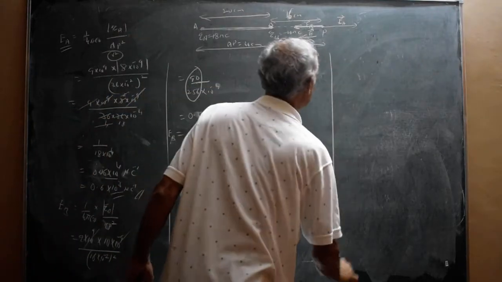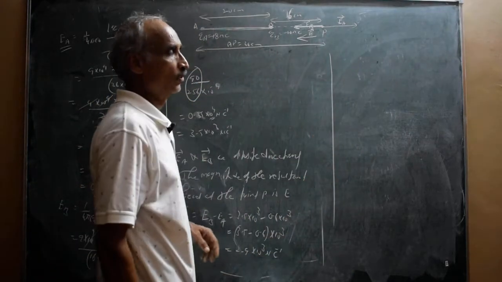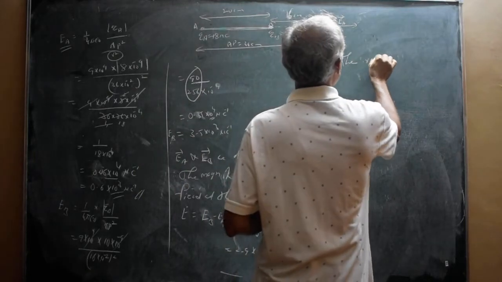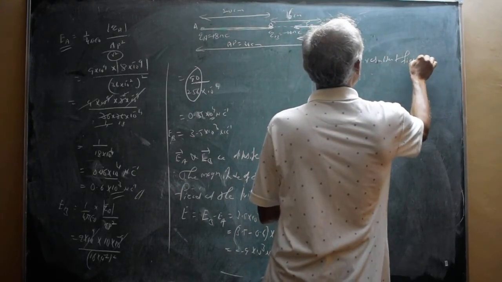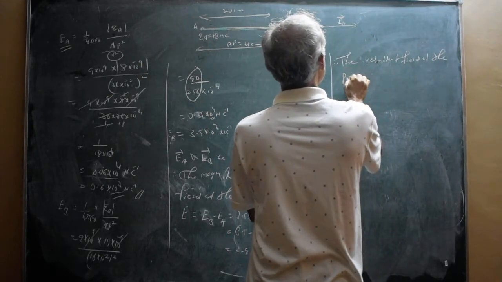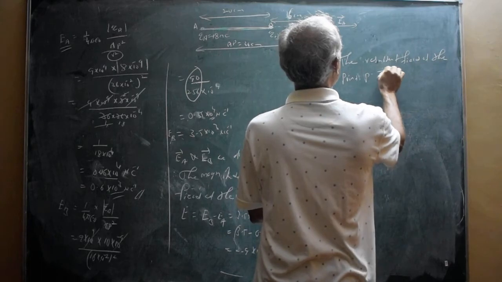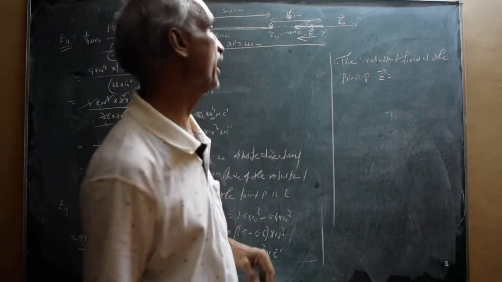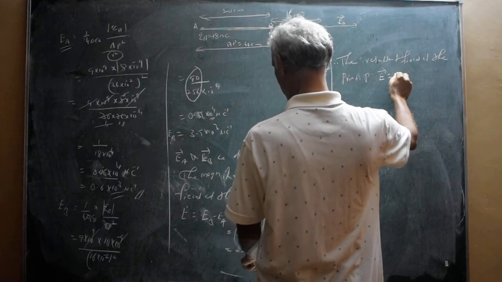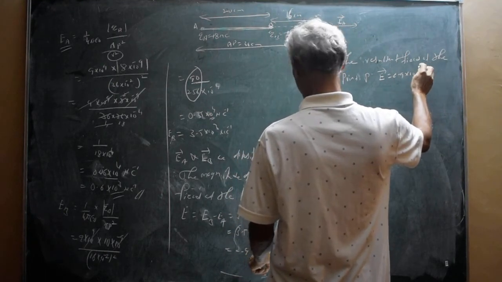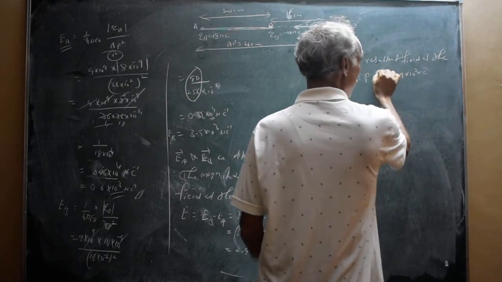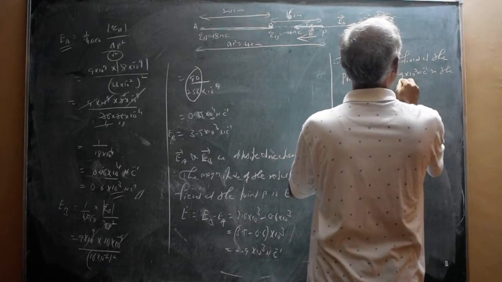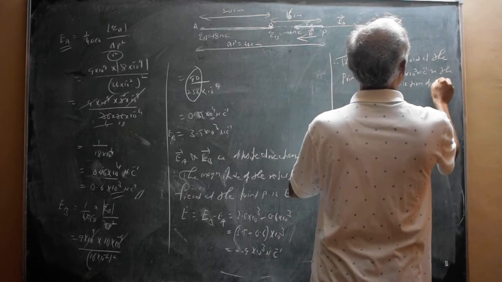Therefore, finally we conclude: the resultant field at the point P, E bar, equals, whenever you put the bar you must mention the direction, 2.9 into 10 to the power of 3 newtons per coulomb, in the direction of PB, not BP.